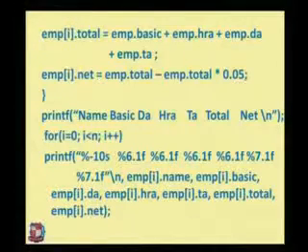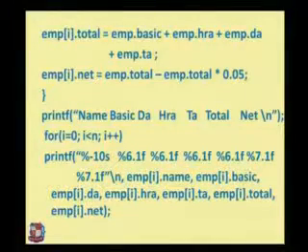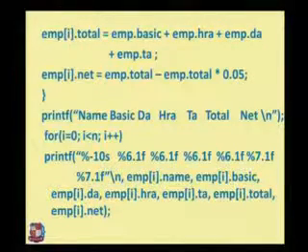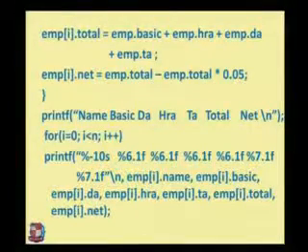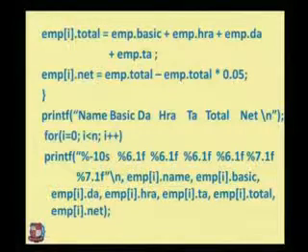For i equals 0, i is less than n, i plus plus. Then printf %-10s, where minus 10s means 10 spaces. Suppose the name is there, then we put the name of that employee beneath the name column.